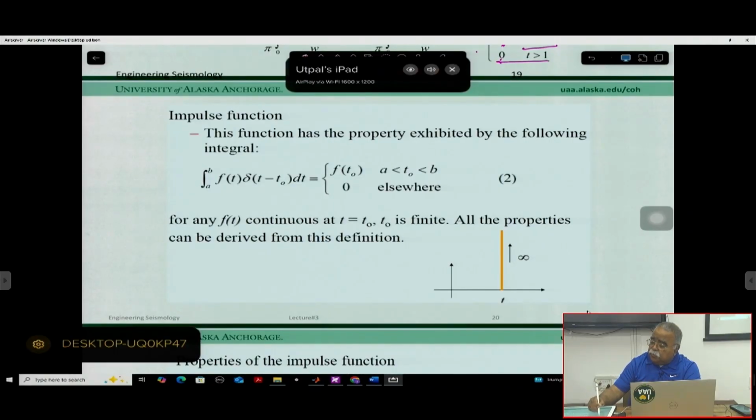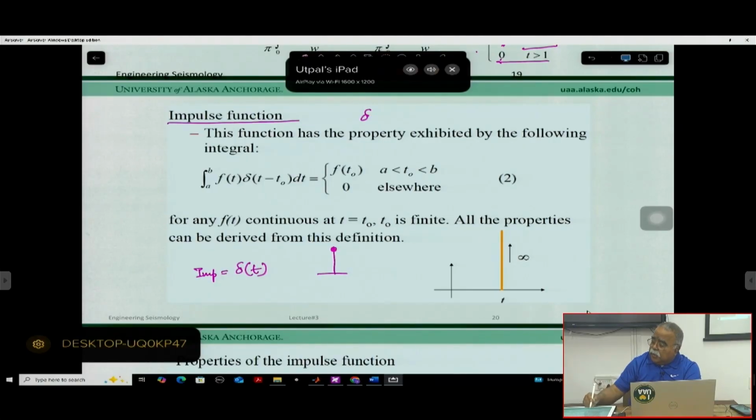Okay, so now the impulse function. The impulse function delta t is basically an impulse, right? This means at time t equals to 0, there is a pulse like this.